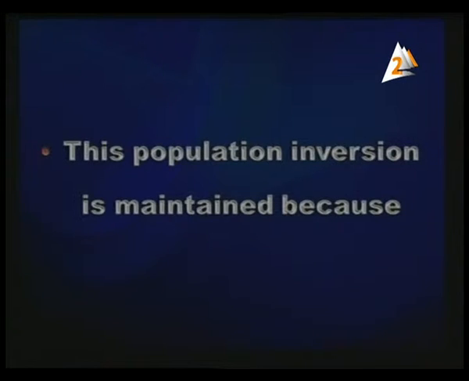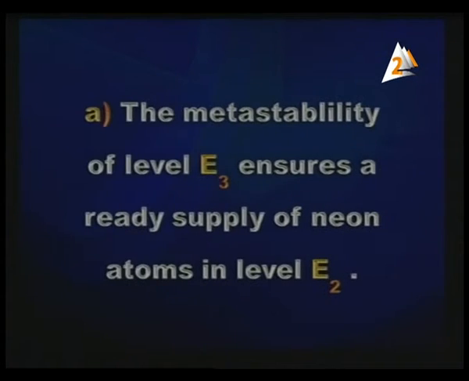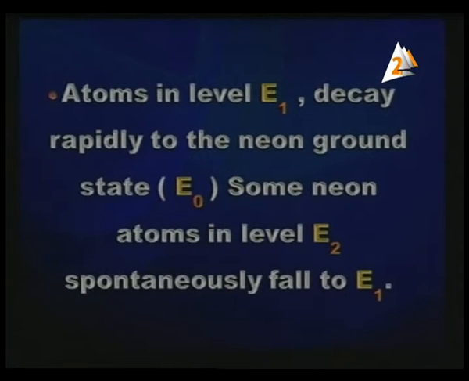This population inversion is maintained because the metastability of level E3 ensures a ready supply of neon atoms in level E2. Atoms in level E1 relax rapidly to the neon ground state.